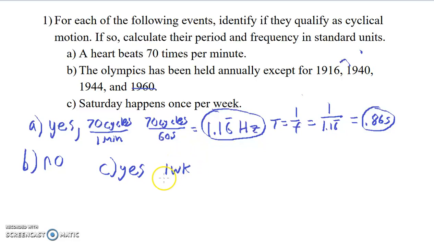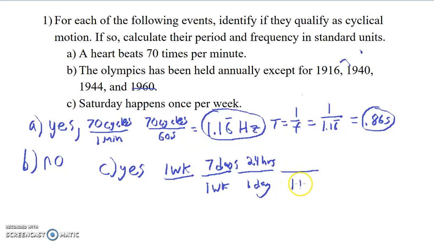But we need that in seconds, technically, to get these standard units. So we have 1 week. 1 week is 7 days. 1 day is 24 hours. And then 1 hour is 3,600 seconds, which is basically 60 seconds in a minute, 60 minutes in an hour.